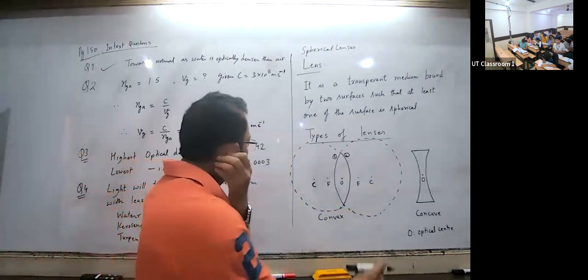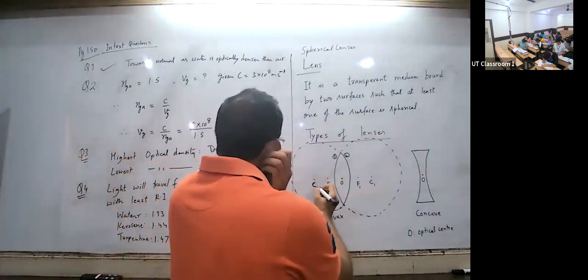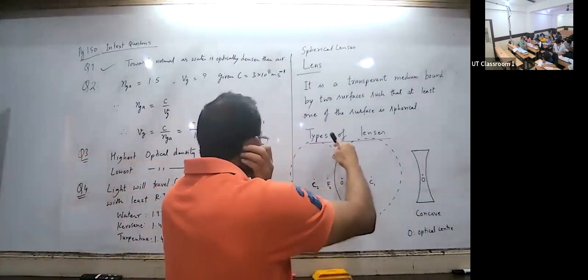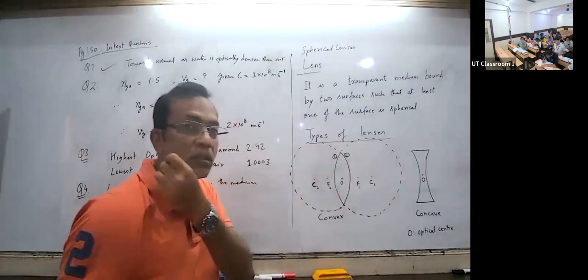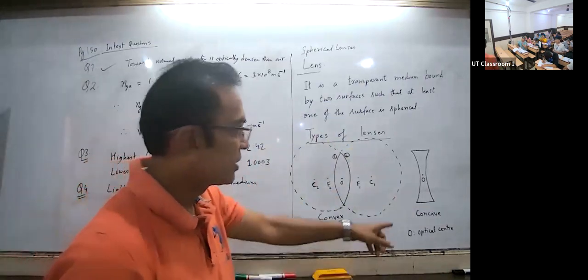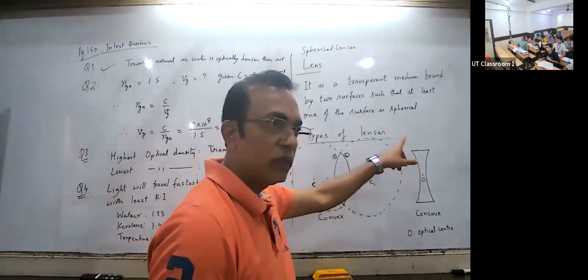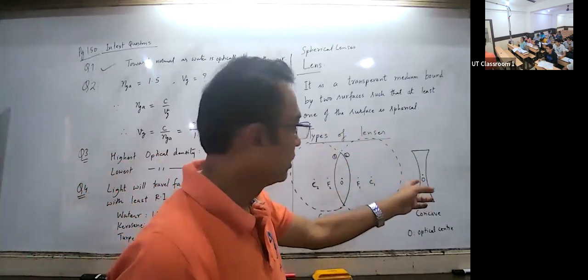In terms of numbers, this will be C1, F1. This will be C2, F2, because the center of the first surface, and the second surface. Got it? And in this case it will be reversed. C1 and F1 will be on the left side because this is the first sphere, right?